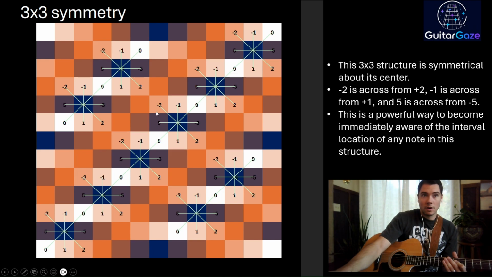And when you overlay the numbers with it, you see that, for example, -2 is reflected across the central point to +2. -1 is reflected across the central point to +1. And 5 is reflected across the central point to -5.